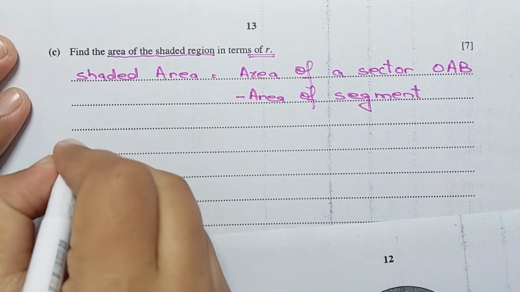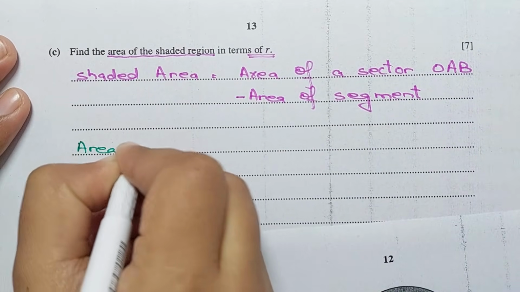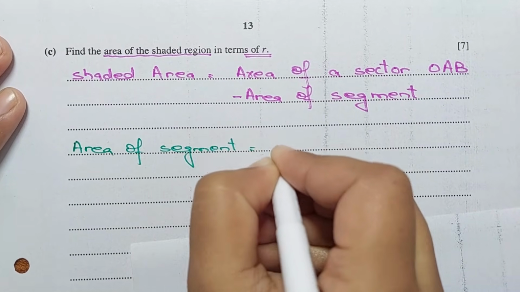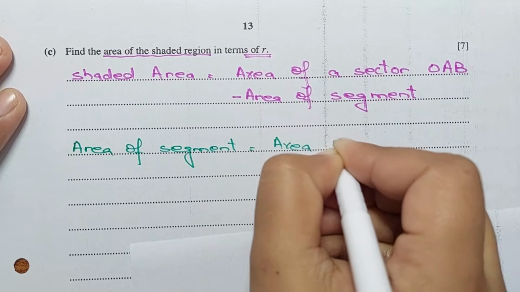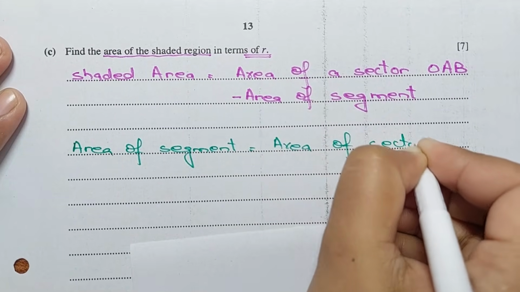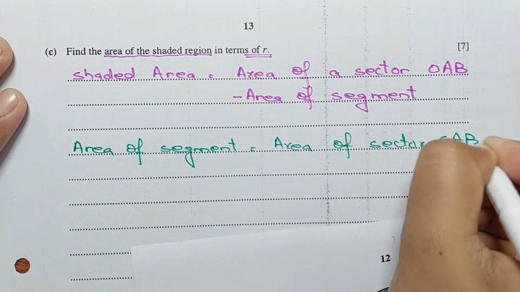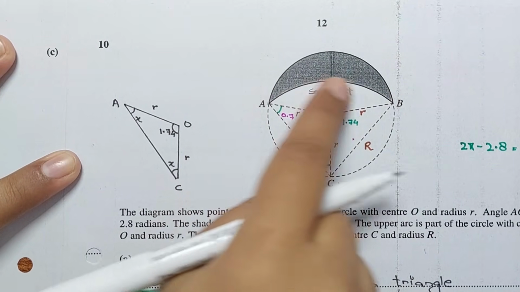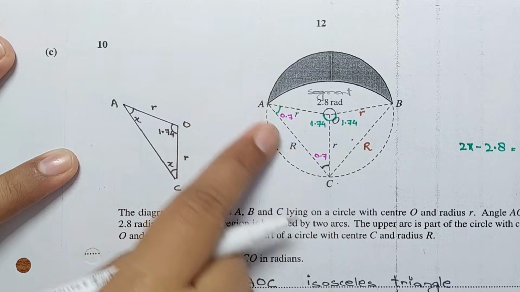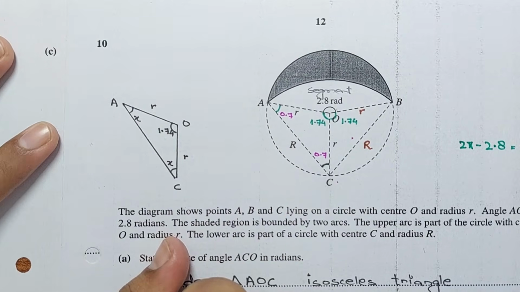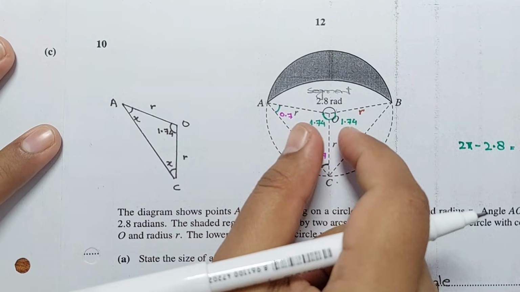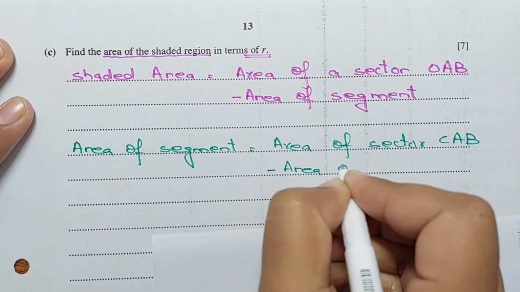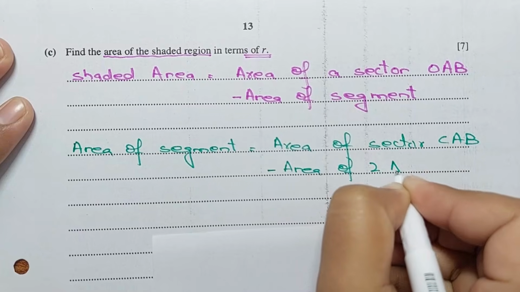Now make another equation: the area of the segment equals the area of sector CAB, this sector C, A, and B. This is a sector of a circle with center C, and the radius is capital R. And subtract the area of two triangles.